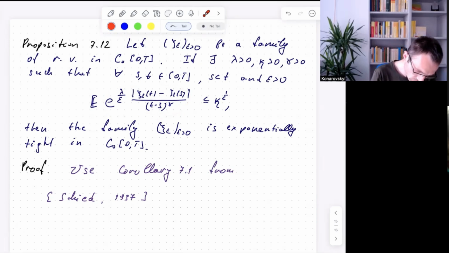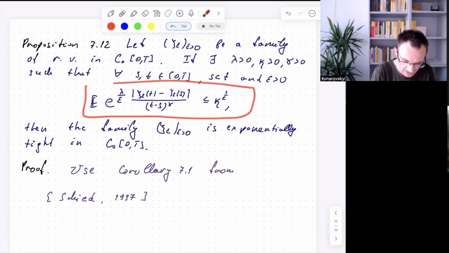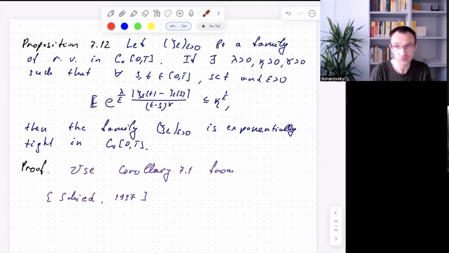But today I want to use that proposition to show that the Brownian motion is exponentially tight. But you should pay attention to that statement, because it is useful not only for the Brownian motion, it is also useful when you want to work with any family of continuous processes and prove exponential tightness, because in this case everything you need is to control some exponential moments of the increments of your process.